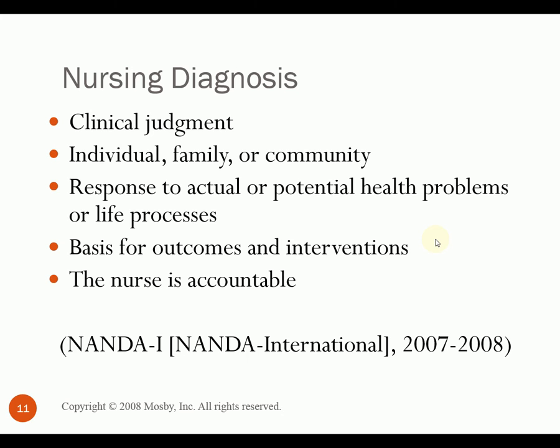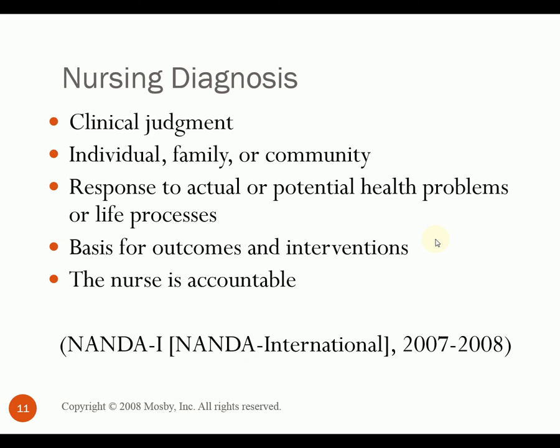Basically, our nursing diagnosis is going to be the response that we have to the actual or potential risk of health problems or life processes. It is our total basis for outcomes and interventions.